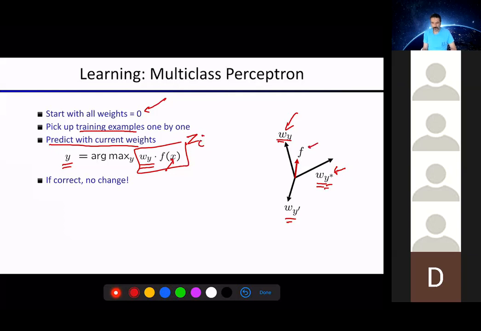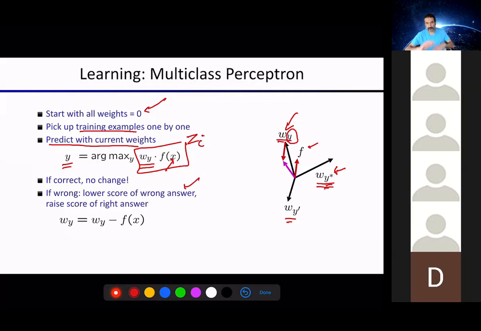Because it points to y which is not equal to y star. So we need to make some adjustment in this case, and the procedure is the same. We subtract this feature vector from this incorrect weight, right?